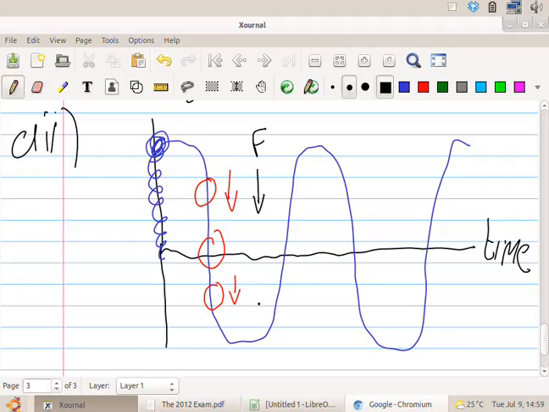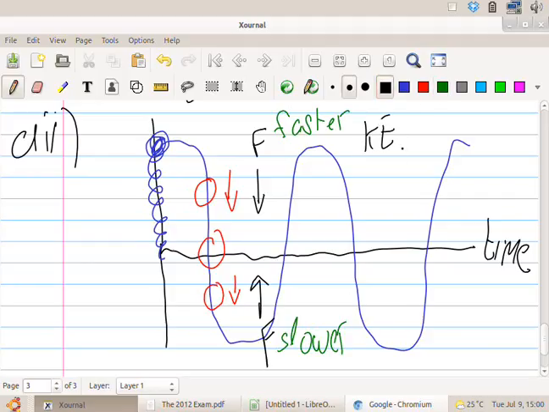But the direction here, the force is up because it's slowing down. What else is happening? The velocity. Is it getting faster or slower here? It's getting faster. And here, slower, yeah. So what's happening to the kinetic energy?